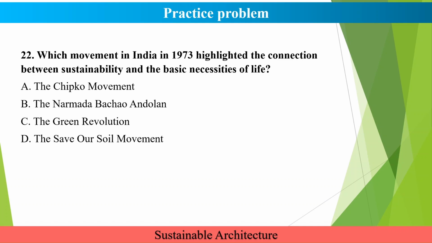Option A. So option A, Chipko movement, is the correct answer for question number 22, and you have read this also. The Chipko movement in the year 1973 emphasized that sustainability is not just a concern for those with full stomachs, but is crucial for communities directly dependent on natural resources for their survival.